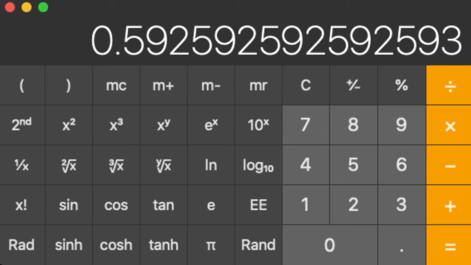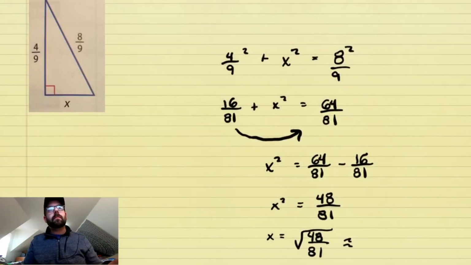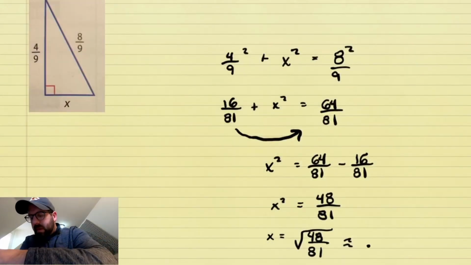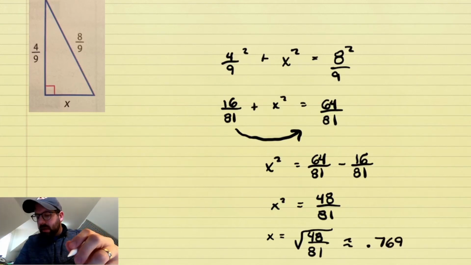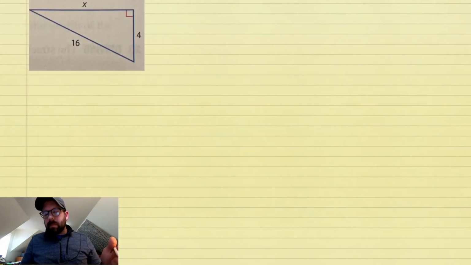I'm getting 0.59, and then I'm going to take the square root of that number, so 0.76. So if I go back to my iPad, I took the square root of that, that's 0.769, and that's the number we're looking at. Now, if you want to leave the exact answer, just leave the radical. All right, let's move on to the next one here.